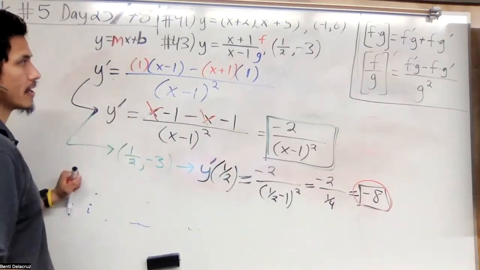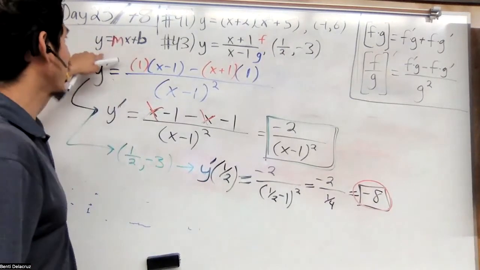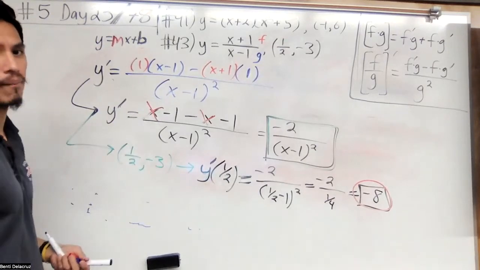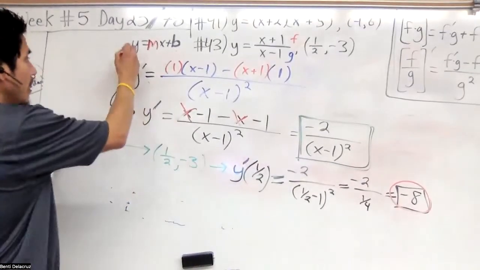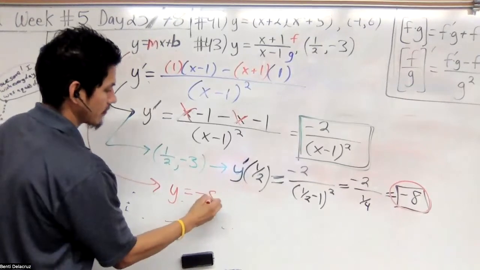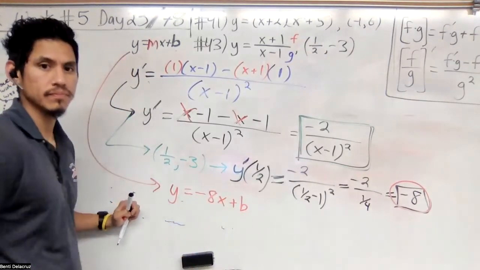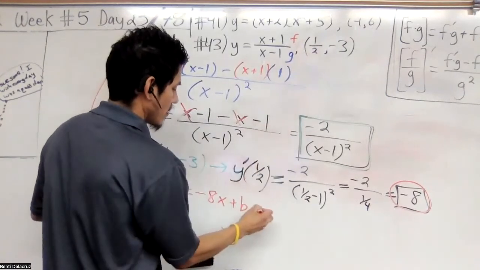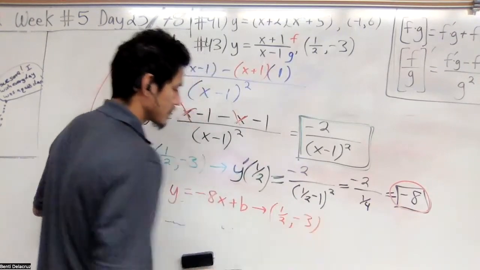So then I can go ahead and write my tangent line as y equals -8x plus b, and I just solve then for the y-intercept b. So let me write this down here. Y equals -8x plus b. Solve for b by plugging the point in, 1/2 comma -3.